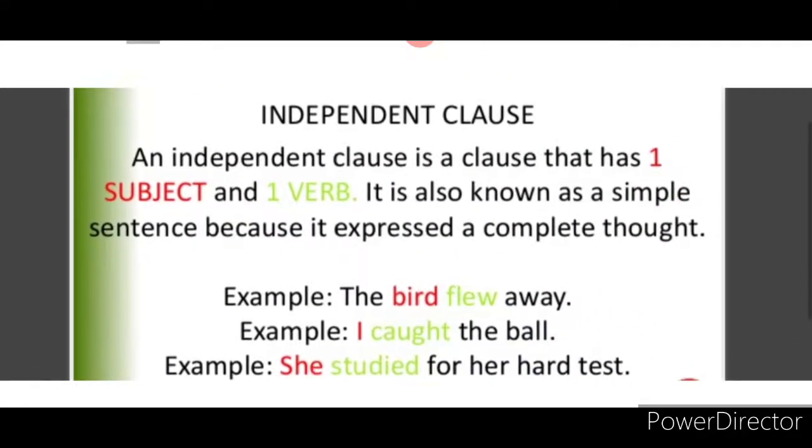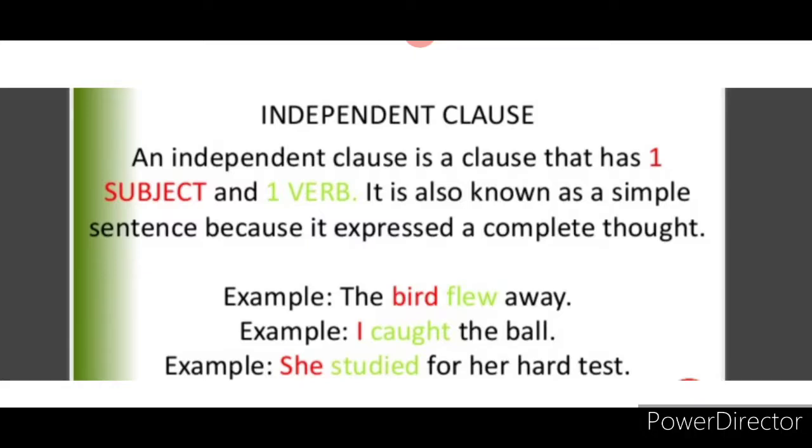Children, an independent clause is a clause that has one subject and one verb. So it will have one subject and one verb in a sentence. Okay children, it is also known as a simple sentence because it expresses a complete thought.